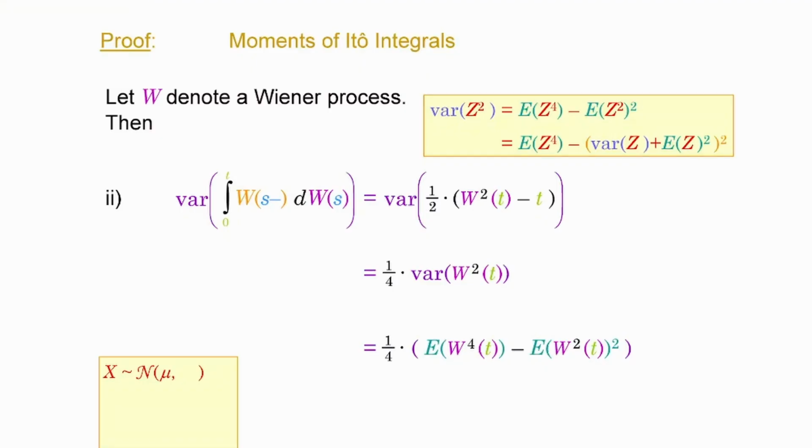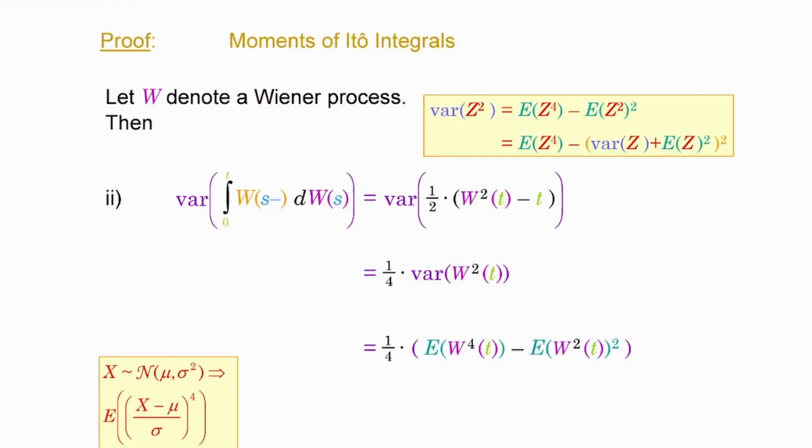With mean mu and variance sigma squared, consider the standardized fourth moment of the Wiener process. You can look it up. The standardization goes like this: you take the random variable, subtract the mean, and divide by its standard deviation.